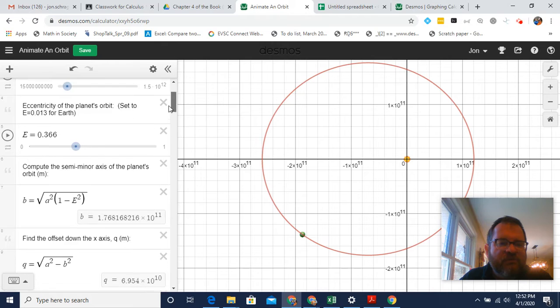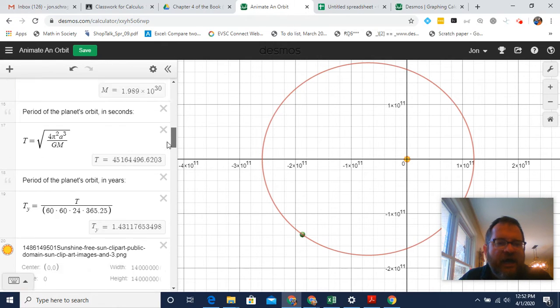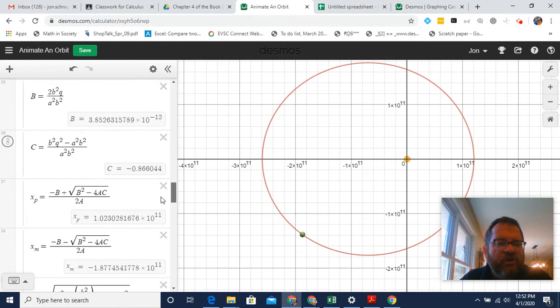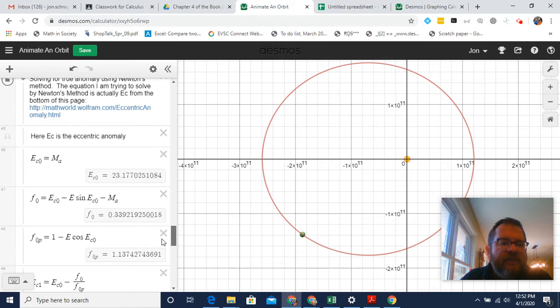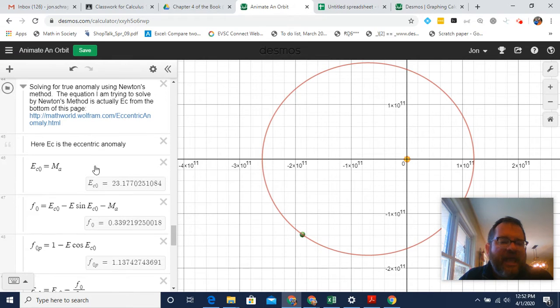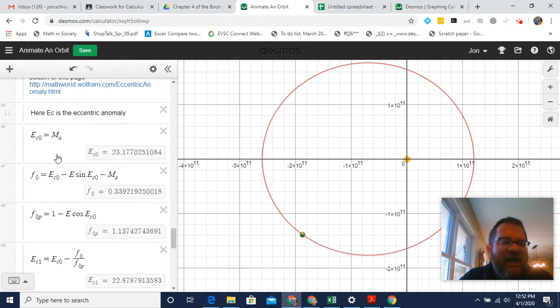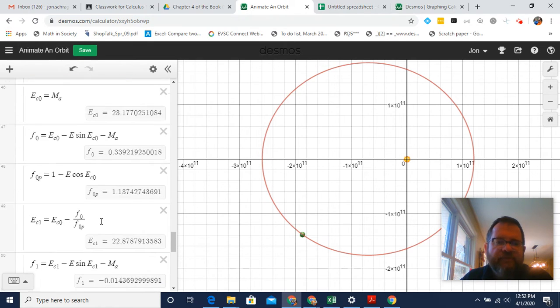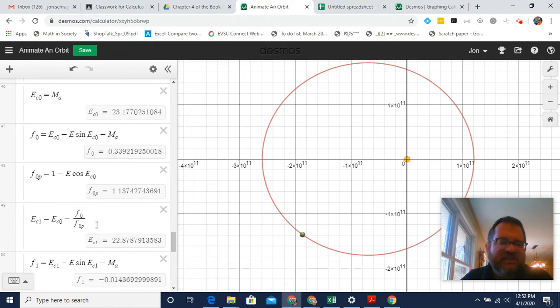But in fact, if you dig through over here in Desmos, where I wrote all the code right here, solving for the, it wasn't eccentricity, it was true anomaly, using Newton's method. And it's a little bit different how I work through the steps here because not everything is trivial in Desmos to get things to work.